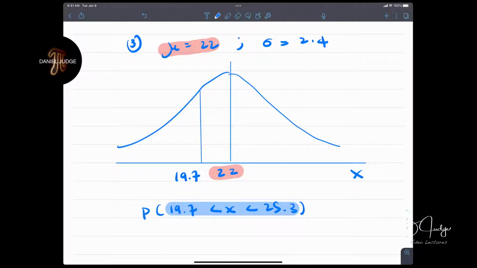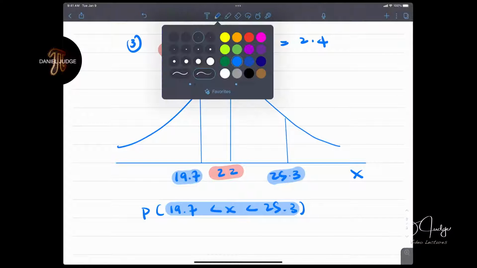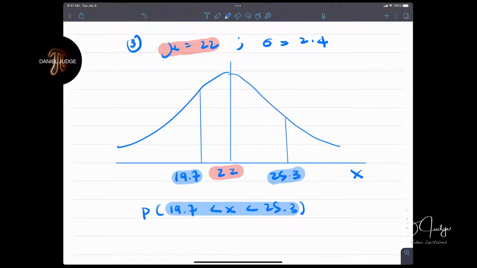So here's where 19.7 will be. And 25.3 is larger than 22, so here's where 25.3 would be. Shade the numbers between here.